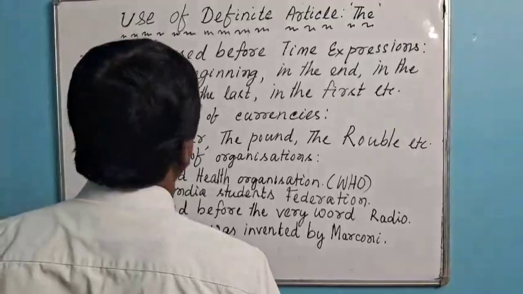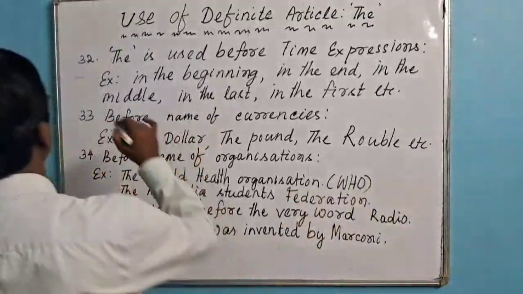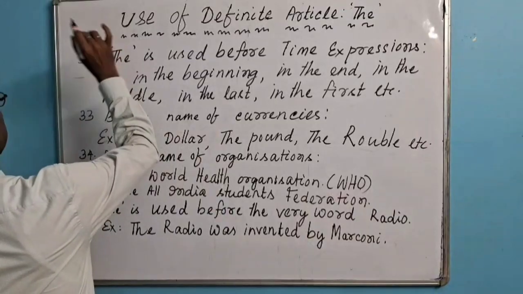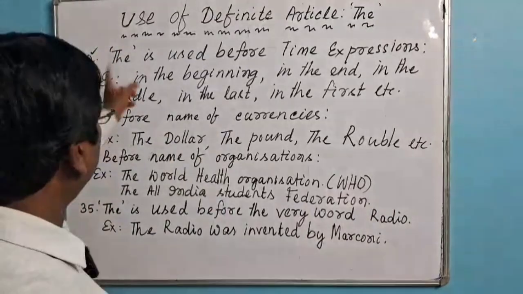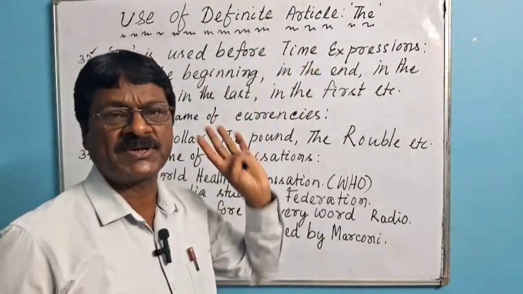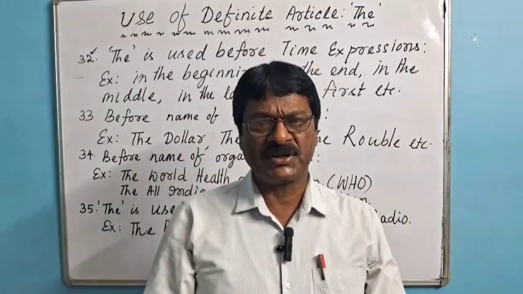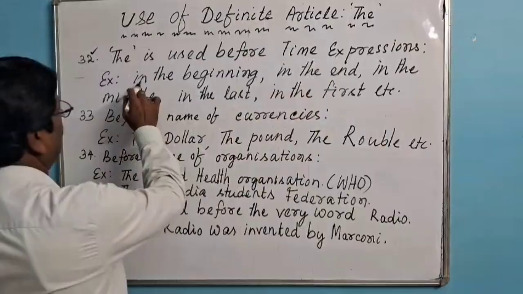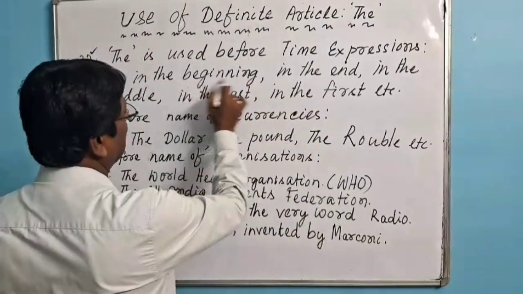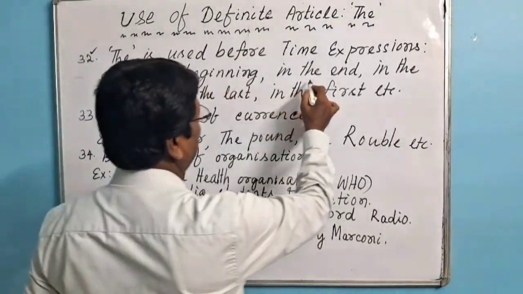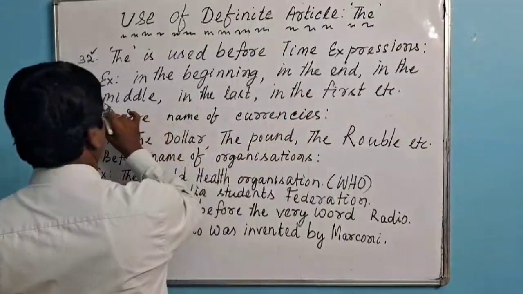Okay? Now we shall discuss point number 32. The is used before time expression. The is always used before time expression. For example, in the beginning, beginning it's a time expression. The end it's a time expression.